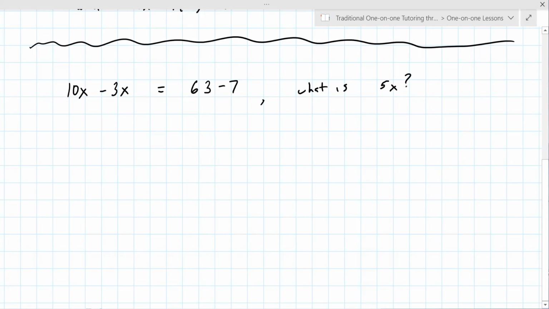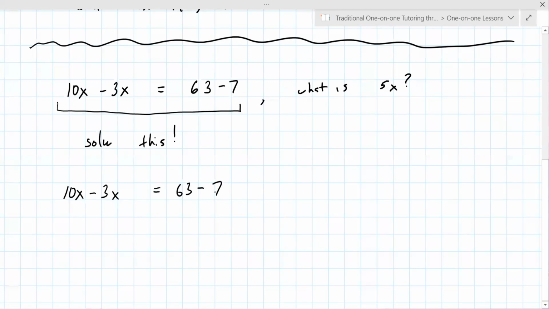When you get a problem like this, you have to first solve this. Even though it's asking about something else over here, you have to first solve this equation, 10x minus 3x equals 63 minus 7.